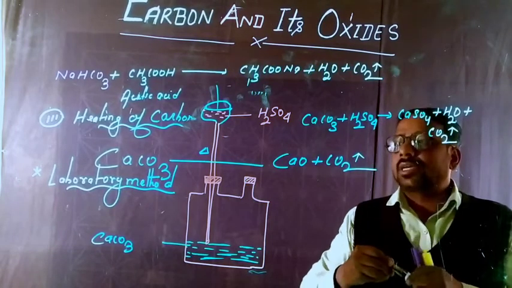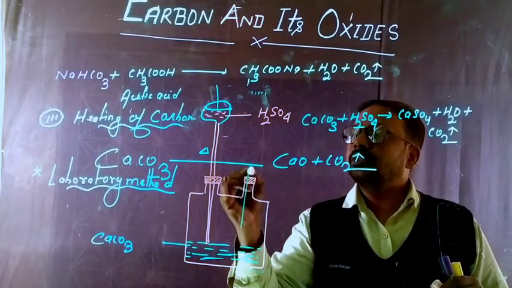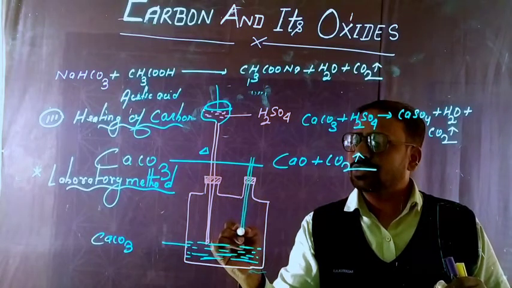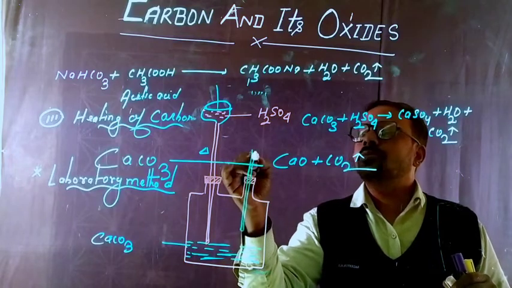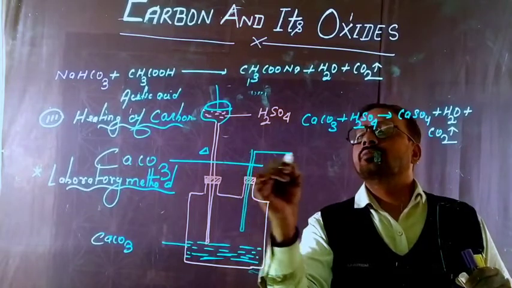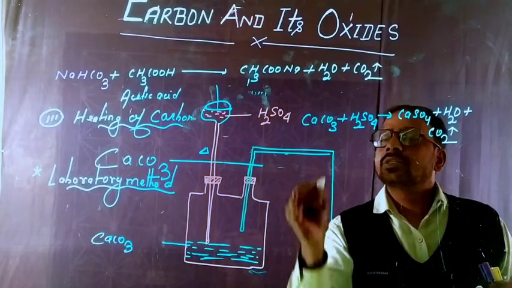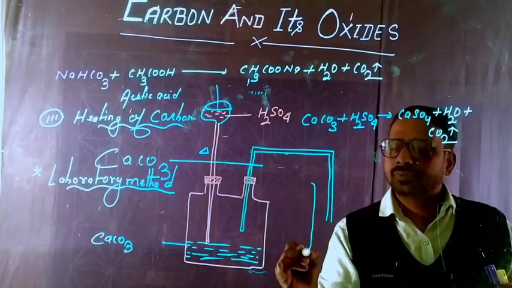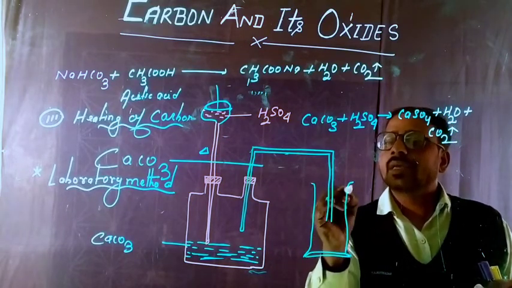So this carbon dioxide gas is collected by the tube, a bent glass tube like this, and this tube must be bent and inserted in a gas jar.